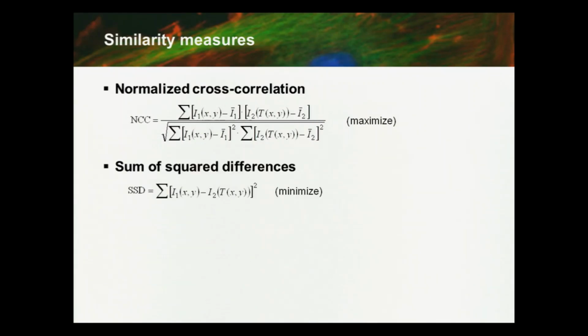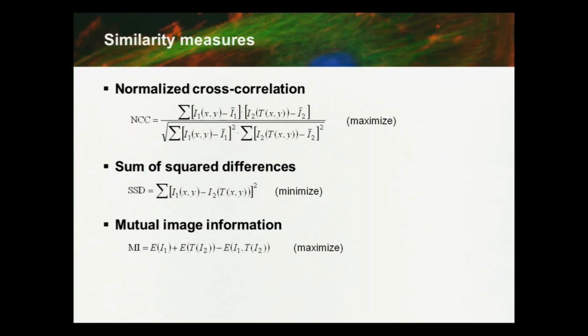Another measure that's used by people is the sum of square differences, which simply subtracts the image intensities in image 1 and image 2, squares them and sums them. Now, of course, the difference in intensities should be minimized in order to make an optimal match. So this is a measure that needs to be minimized. So depending on how you define similarity, you either need to maximize or minimize this similarity measure.